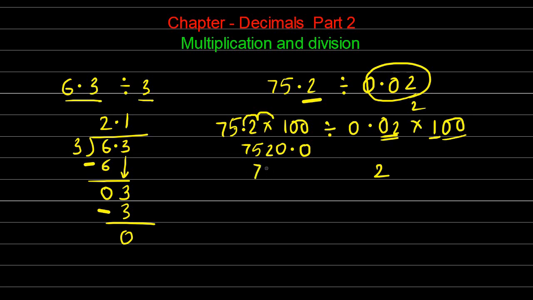So now our division is 7520 divided by 2, which you can do by normal division, and the answer will be 3760. So this is a very simple division where you have 2 decimal numbers: convert them into whole numbers by the required 10, 100 or 1000 depending on how many places you have, and then divide like a normal whole number division.